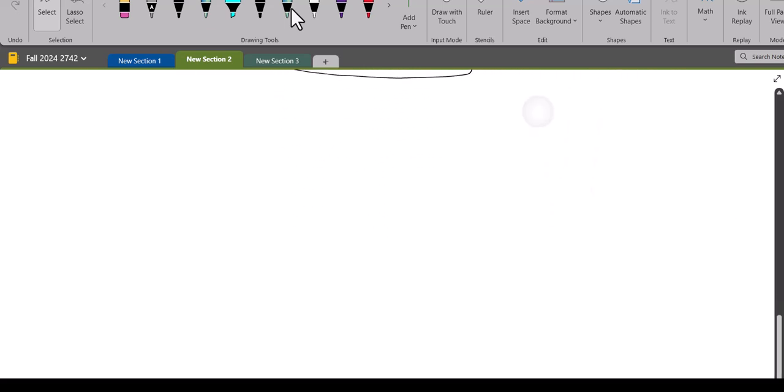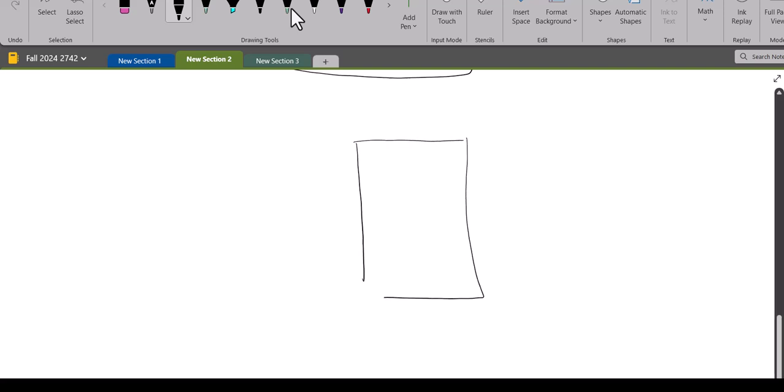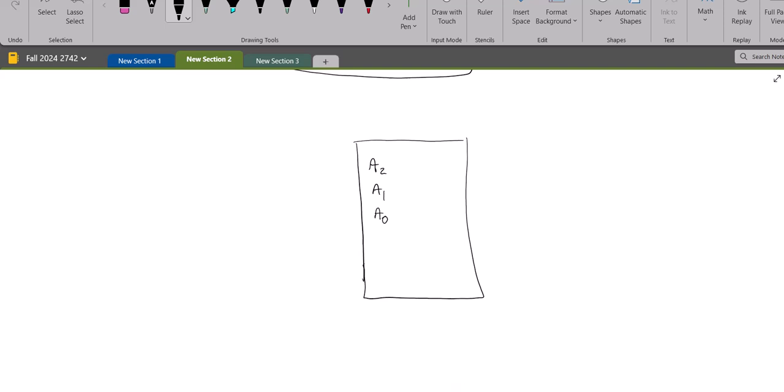Now the way a decoder works, if we look at our decoder, somehow I'm not able to change the page.